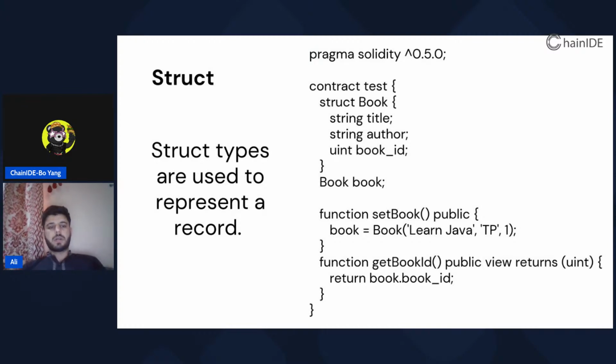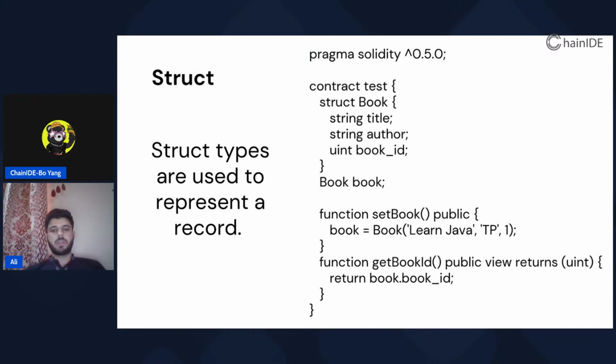A struct is defined with the keyword struct, and inside the struct we can define different data types. Here we create an instance or object of a structure. Later we will use this instance to store the data in the structure.